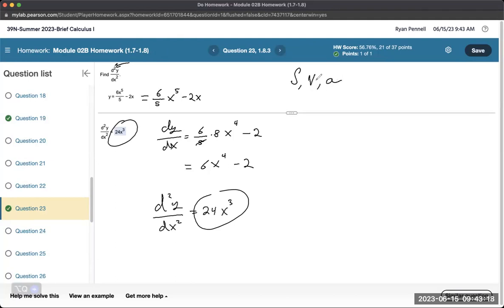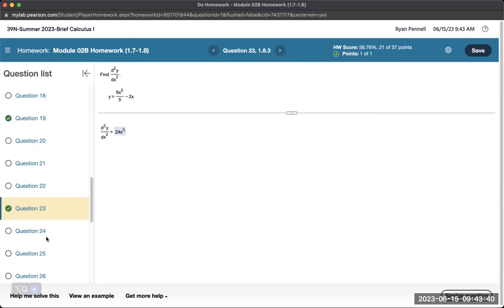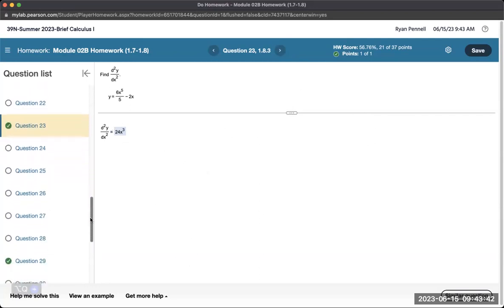In your car, you'll see the speed that you're going, that's velocity, and you'll see the acceleration. And then the third derivative, the derivative of acceleration, is called the jerk. d cubed y over dx cubed, that's the jerk. That's how jerky it is. It's kind of interesting.